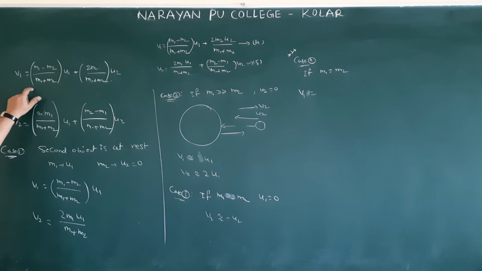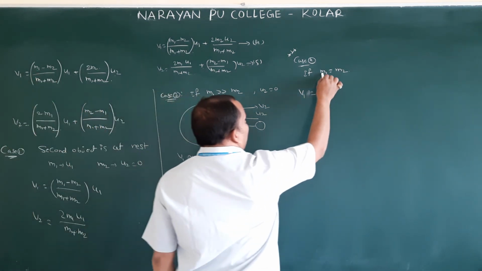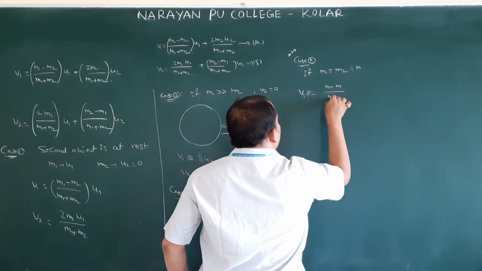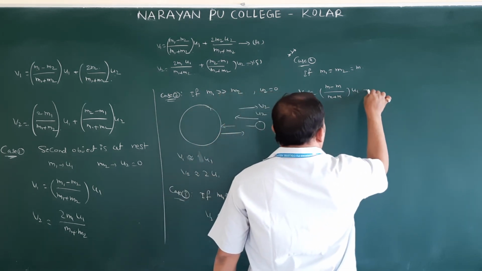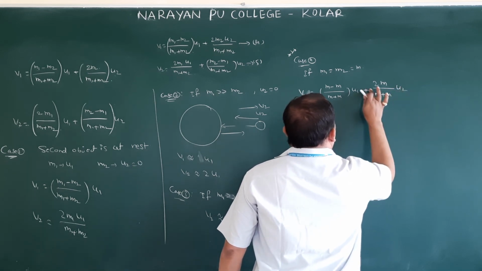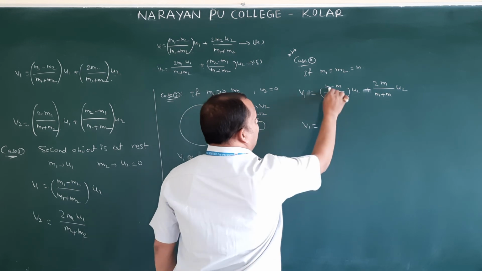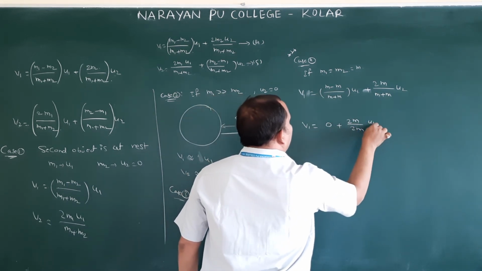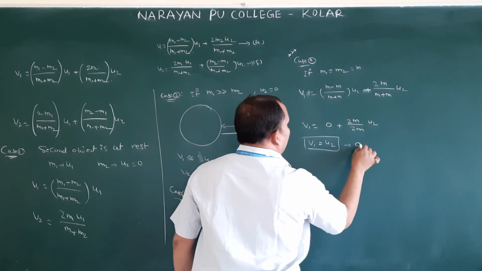At that time, v1 is equal to, with m1 equal to m2 equal to m, you can take m minus m by m plus m times u1 plus 2m by m plus m times u2. That is equal to m minus m, which is 0, plus 2m by 2m times u2. Then v1 equals u2.